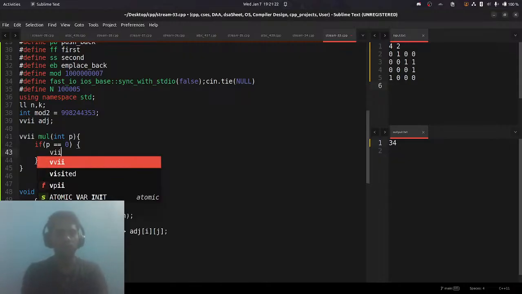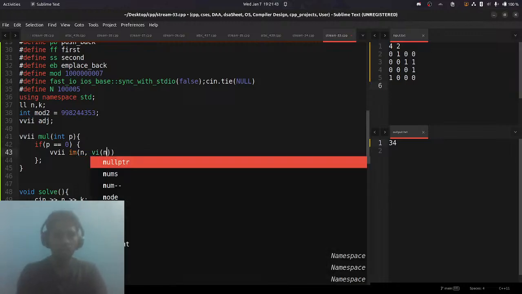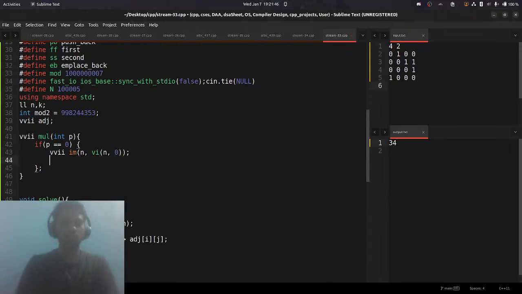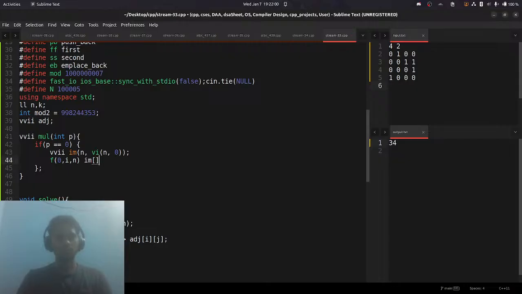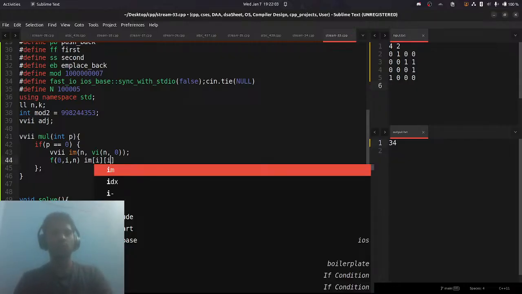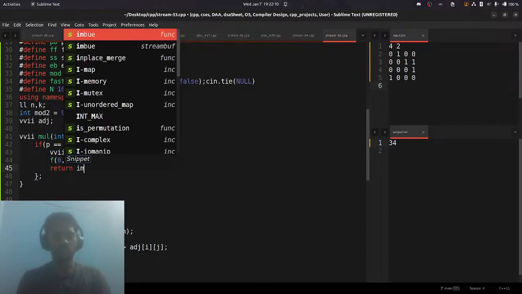IM is equal to an n by n matrix where all the values are 0 only, and all the diagonal elements we are going to set to 1, and then we'll return the matrix.